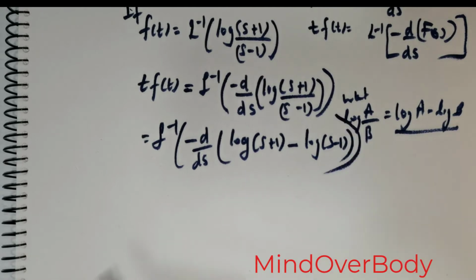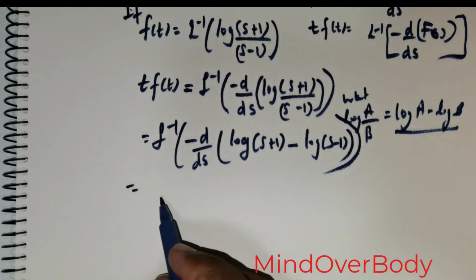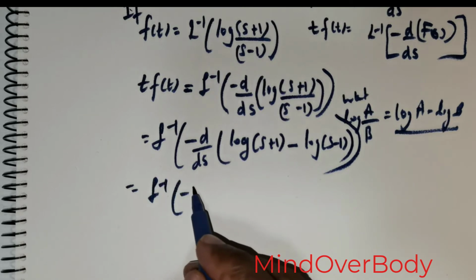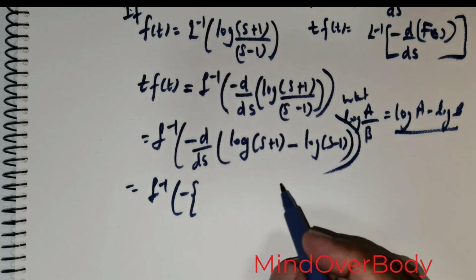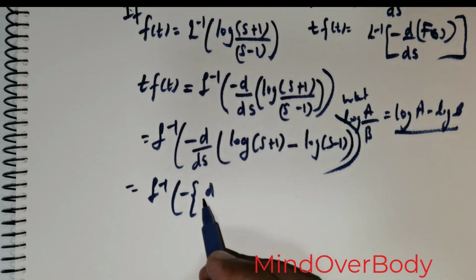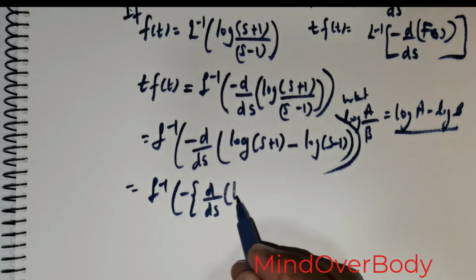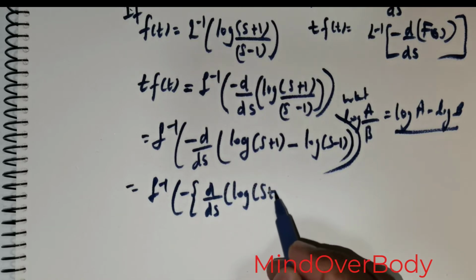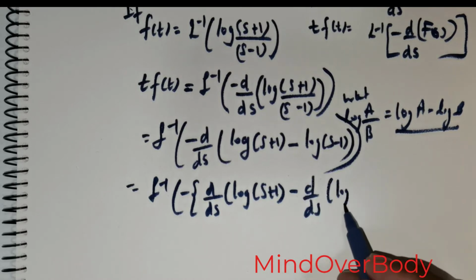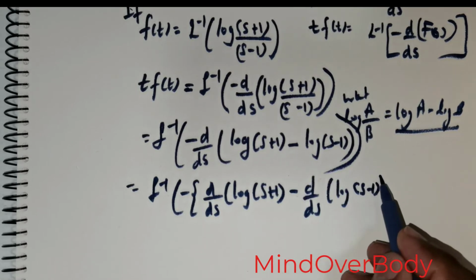Okay, that's fine. So now this is equal to L inverse of negative. Now I would like to take the d/ds inside. So this is going to be d/ds of log of (s+1) minus d/ds of log of (s-1).